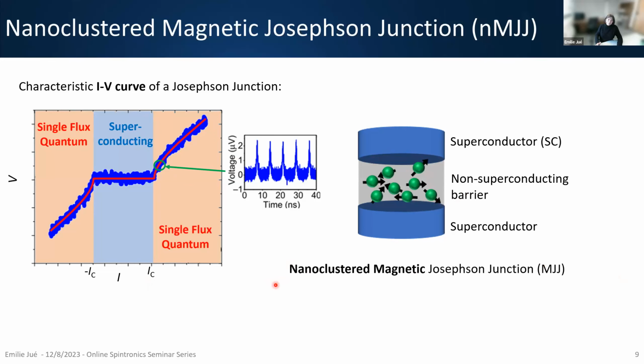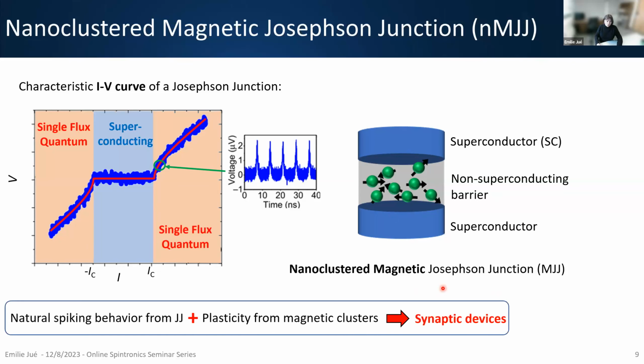I'd like to mention that for a long time, people were really reluctant to use magnetic materials close to superconducting devices because the magnetism tends to kill the superconducting effect. However, if we use it well, this combination can bring interesting properties. For example, here, we're going to see that we can combine the natural spiking behavior of the Josephson junction with the plasticity from the magnetic clusters to obtain some synaptic properties.